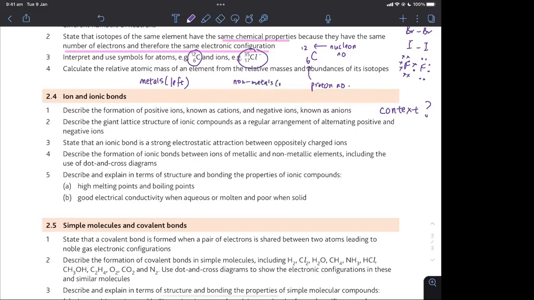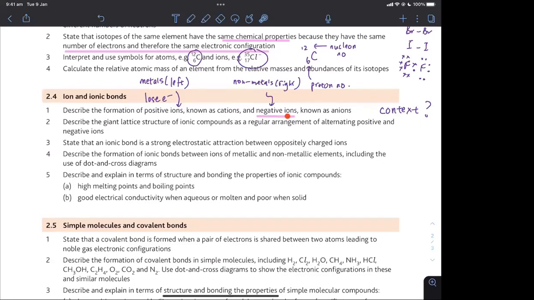To complete the outer shell, the metal will lose electrons. The non-metals usually share electrons if their partner is a non-metal. But if their partner is a metal, there will be a transfer of electrons from the metal to the non-metal, and therefore they will form negative ions.